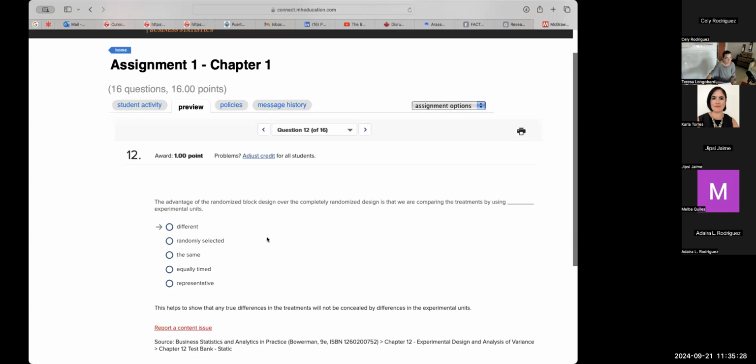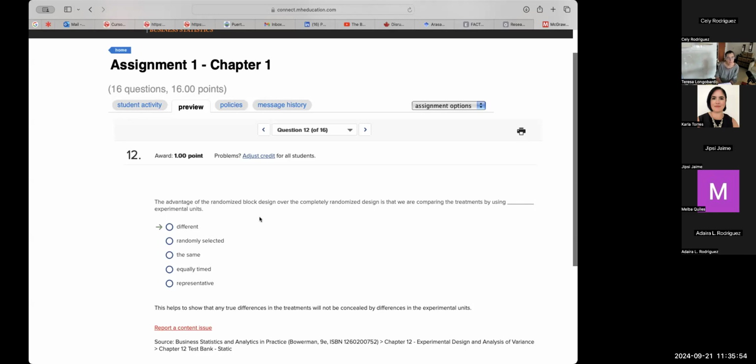It says the advantage of the randomized block design over the completely randomized design is that we are comparing the treatments by using different experimental units. That's the correct answer. Because you have women and you have men, they're different. They're getting all the treatments, and we're checking the treatments on different classifications.